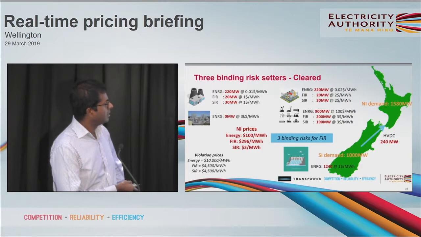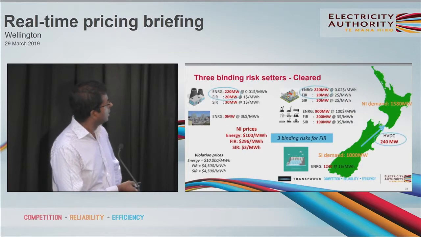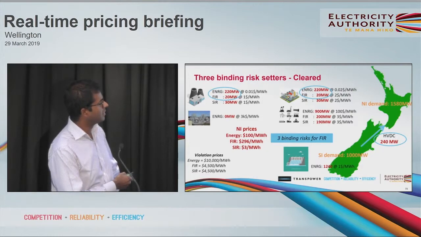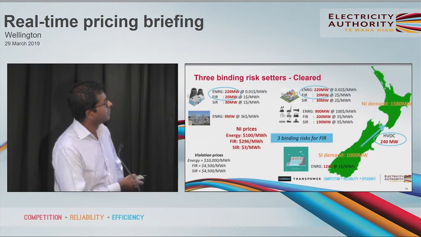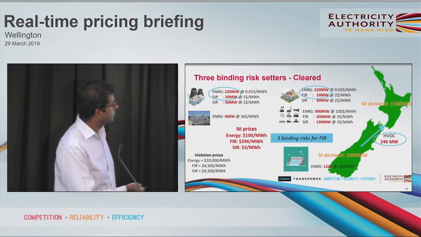There are actually three binding risks for FIR, and those three are the coal unit, and the risk is 220 megawatts plus 20, because you have to cater for the FIR in the risk calculation, because when you lose that unit, you also lose its FIR or SIR. We have 240 megawatts at the gas turbine and 240 megawatts on the HVDC. So those are the three binding risks. So we have no violation here, but we can see this multiplier effect coming in.